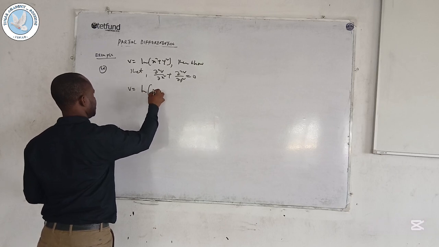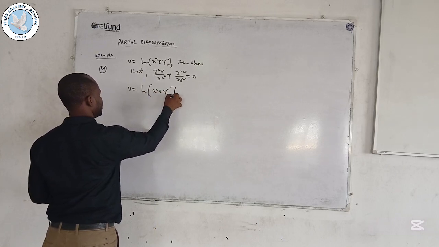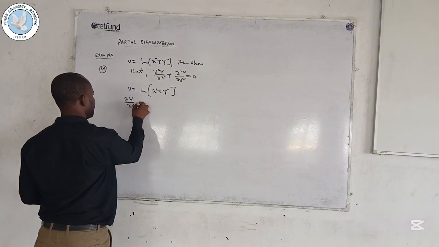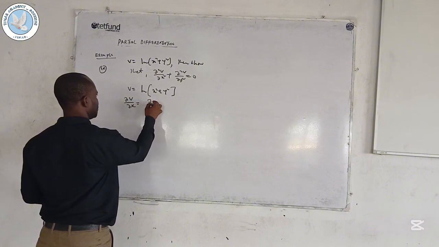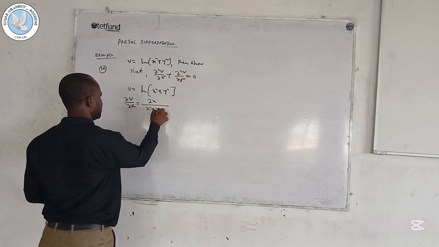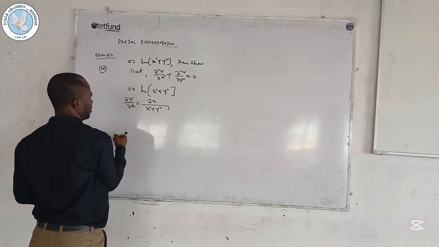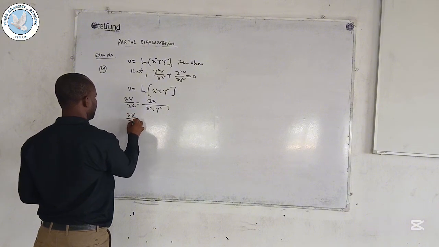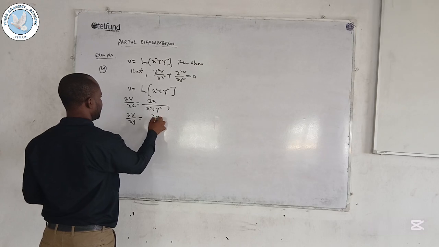This is in plus this, and dv dx is giving us 2 divided by x plus this, and also dv dy is giving us 2y divided by this.